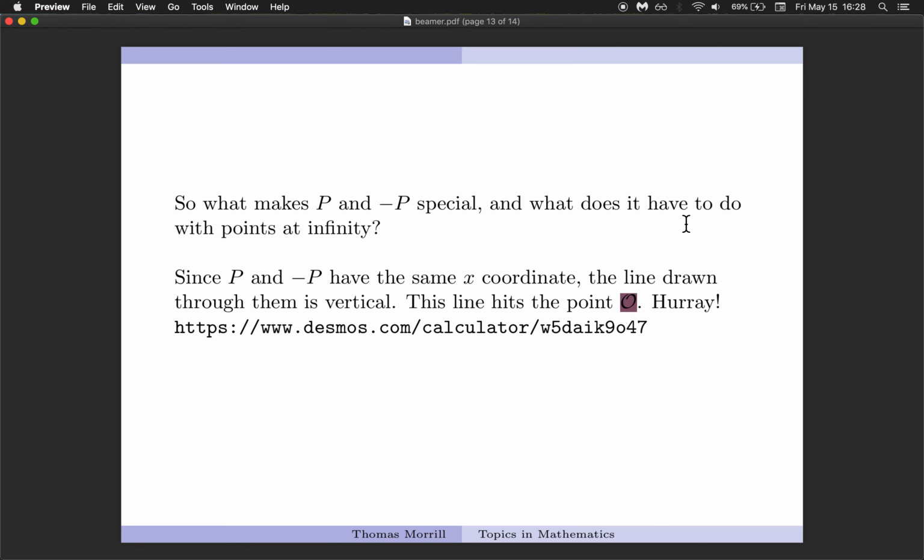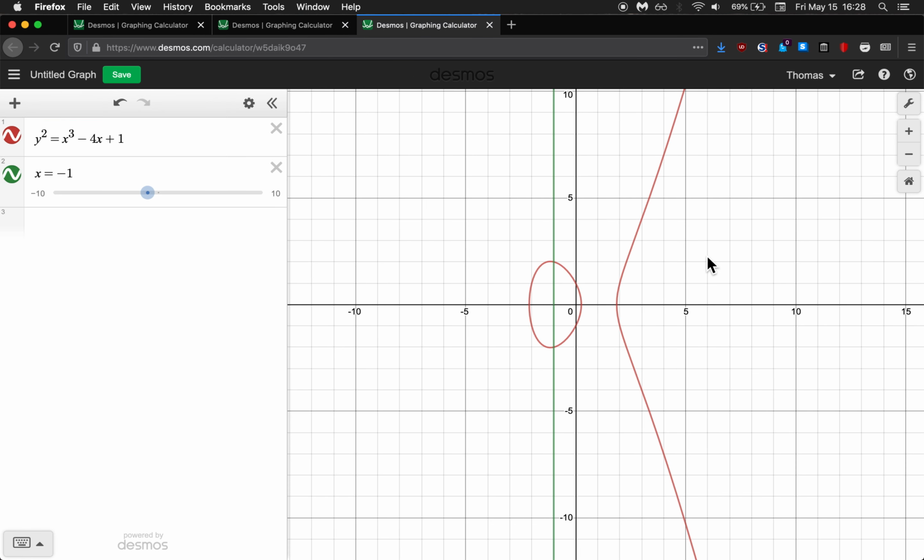It hits the point O. So this is a very important idea for working in elliptic curves. Our group operation is based off of drawing lines between two different points of the curve and seeing where else it hits.